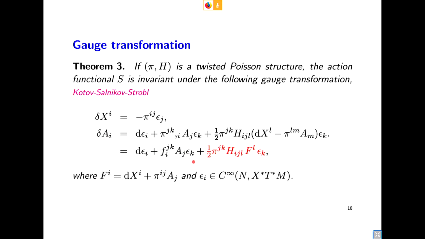The first two terms are a normal generalization of the gauge transformation of a connection of a Lie group vector bundle. But we need a third term. This is proportional to Fi, and Fi is the left-hand side of the equation of motion.